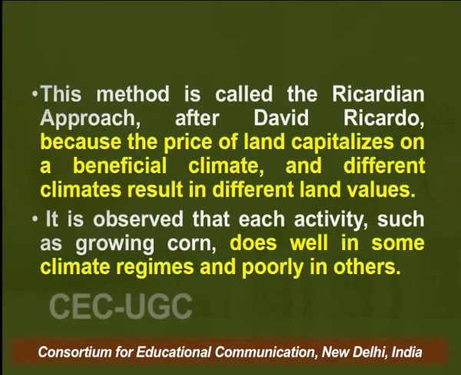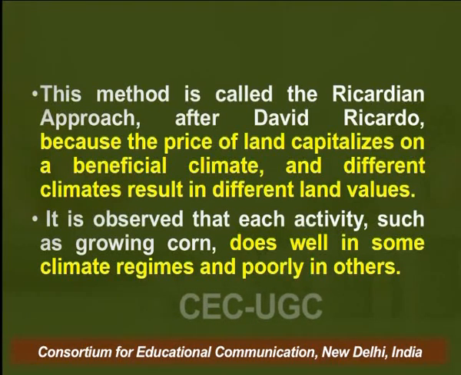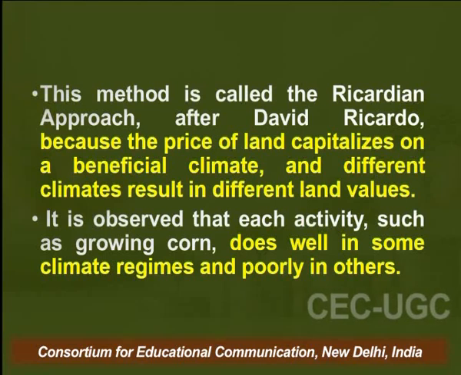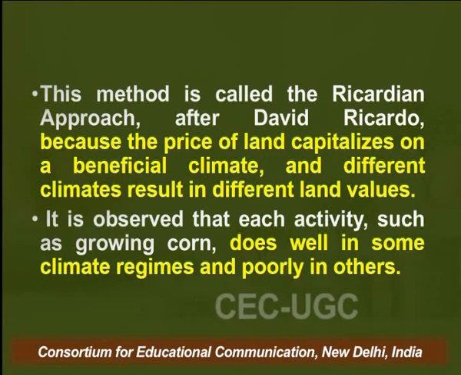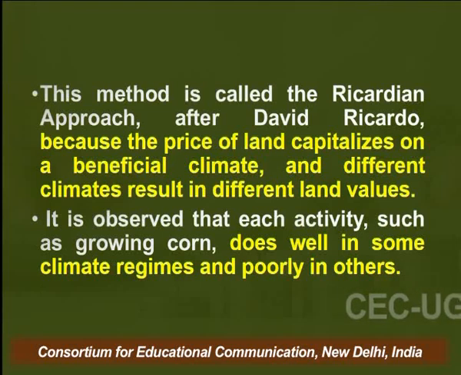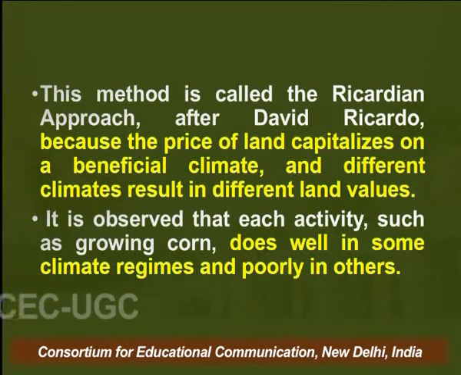This method is called the Ricardian approach, named after David Ricardo, because the price of land has been capitalized as a beneficial climate, and different climates result in different land values.